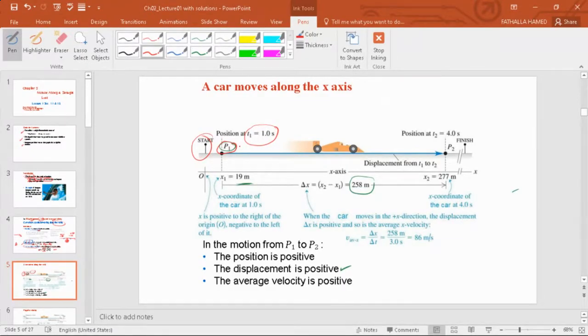But if you're starting from here and you measure here, so at this point, your t1 is equal to 1 second, and x1 is equal to 19 meters. So it is positive because your origin is here. That's where the origin is. So your first x coordinate at 1 second is 19. Now you can go to position 2, and you get there when t is equal to 4 seconds. And your position there is equal to 277 meters.